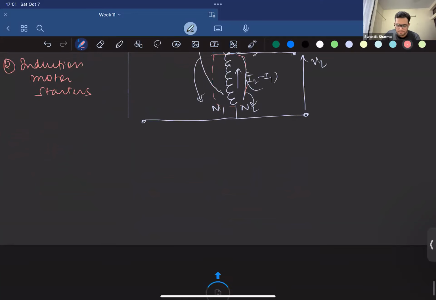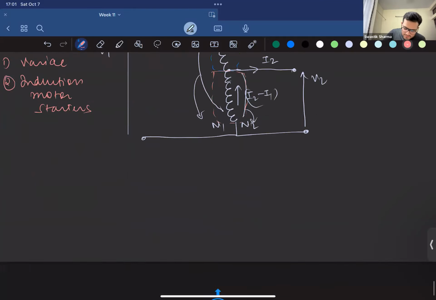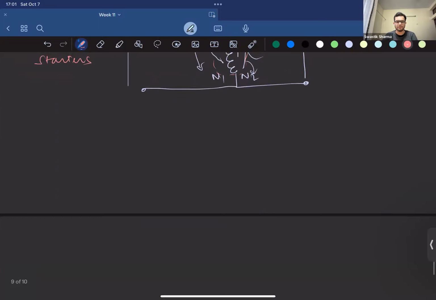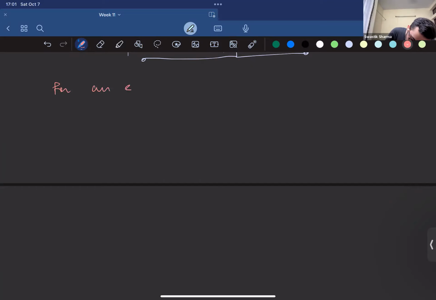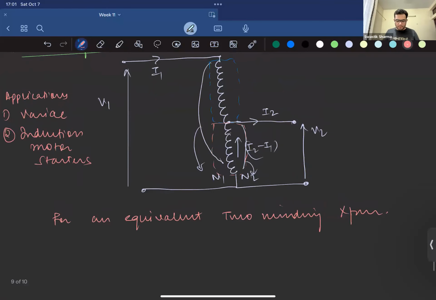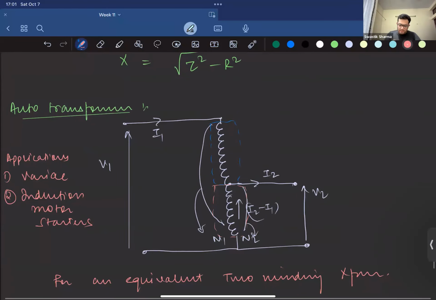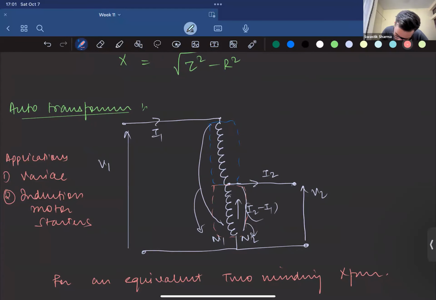Right. So let's compare. What's the difference between this and a two winding transformer? We discussed both. So for an equivalent two winding transformer, let's say that the equivalent two winding transformer is nothing but this side and this side, right?